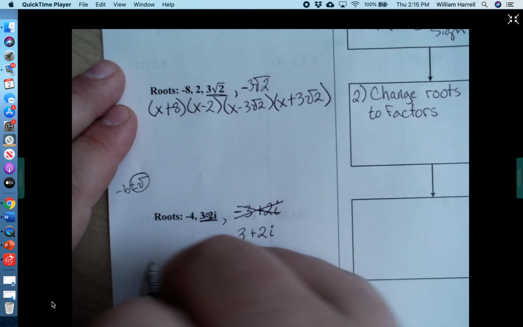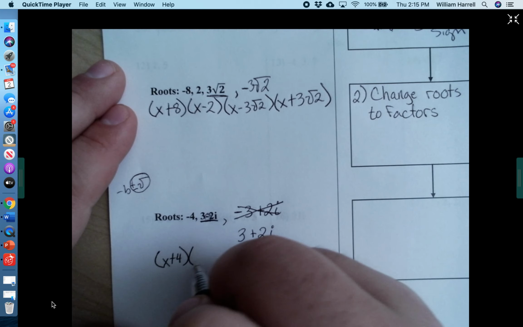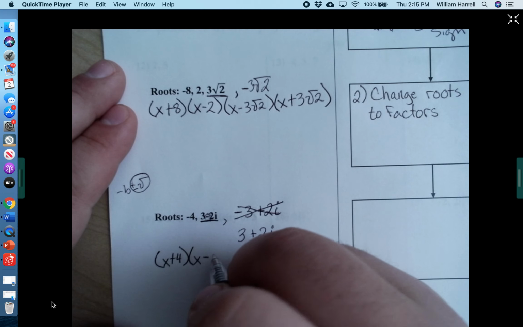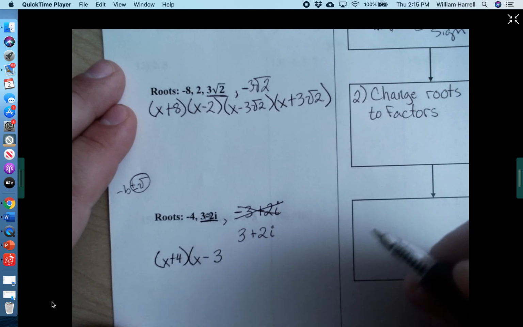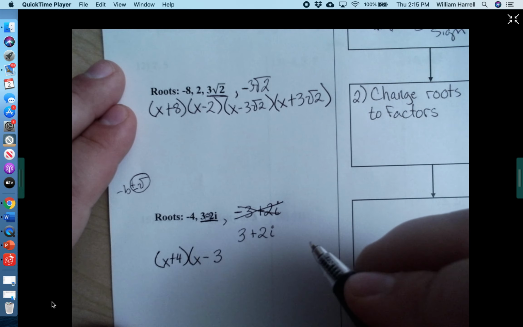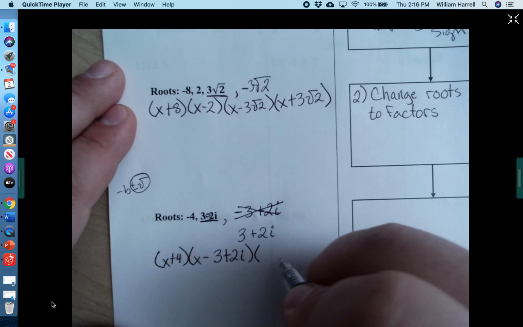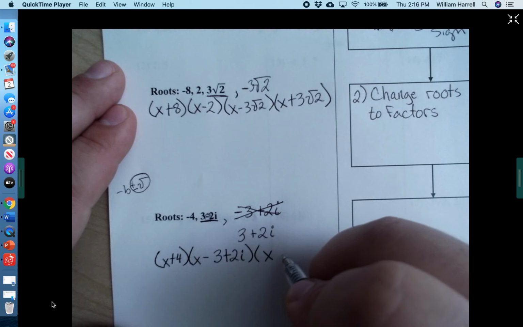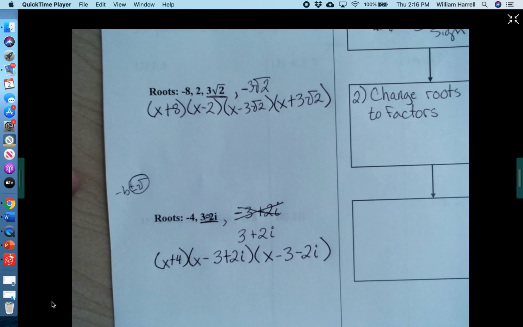On the bottom, x plus 4, x minus 3 plus 2i, and then x minus 3 minus 2i.